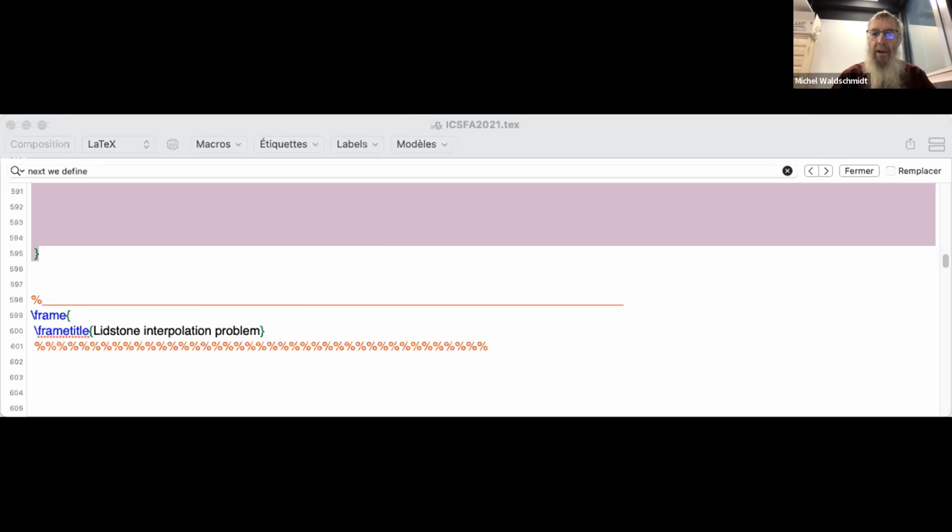Oh, I think you have shared the text editor, not the slide. Do you see my screen? Yeah, I can see. But we could see the LaTeX file, right? Not the slides.